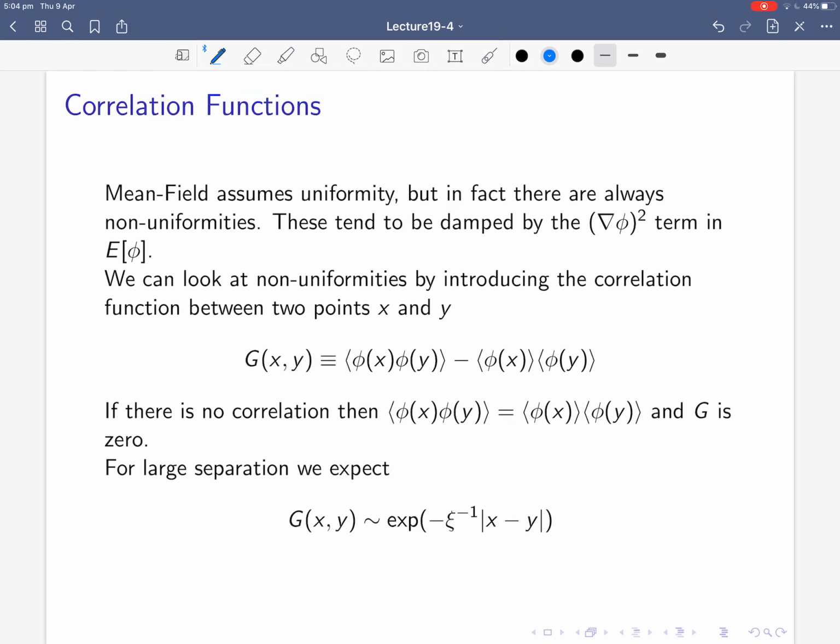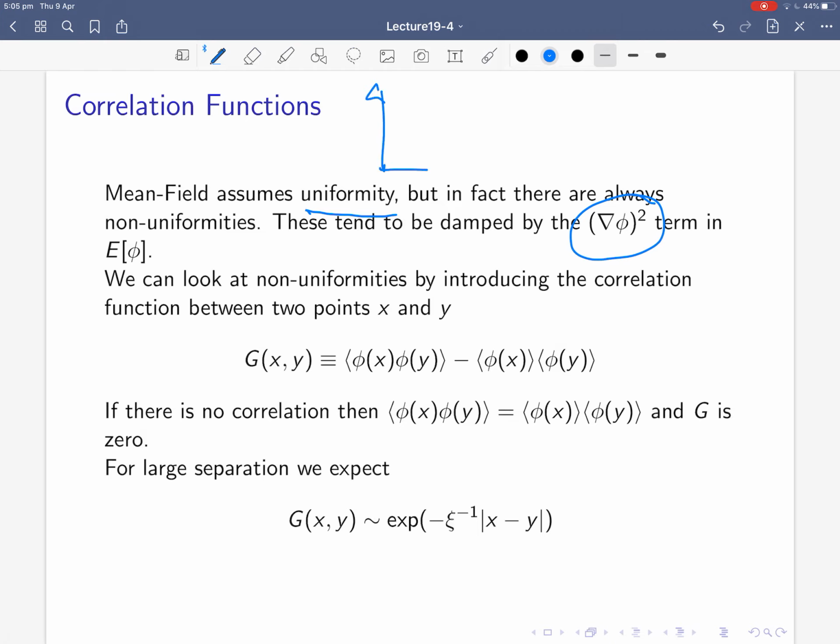Now, let's look at correlation functions, particularly as we approach the critical point. Mean field theory, which we've done, assumes uniformity. But in fact, of course, for a real system, there are always non-uniformities. Those non-uniformities tend to be damped out by the grad phi squared term in the Landau energy, but they're still there.